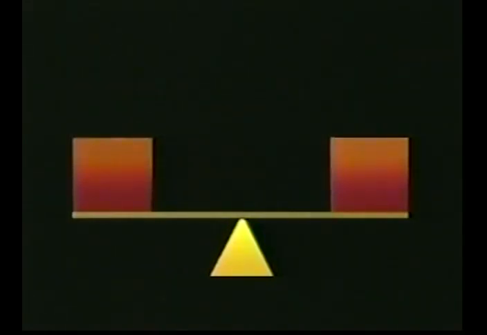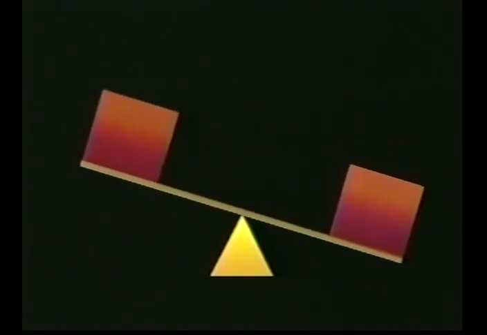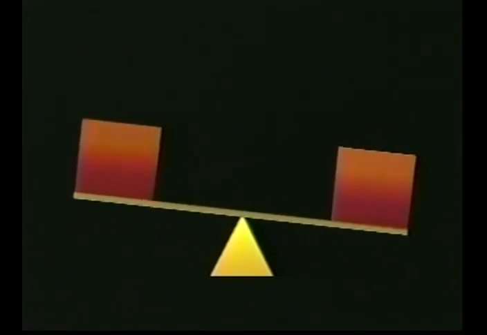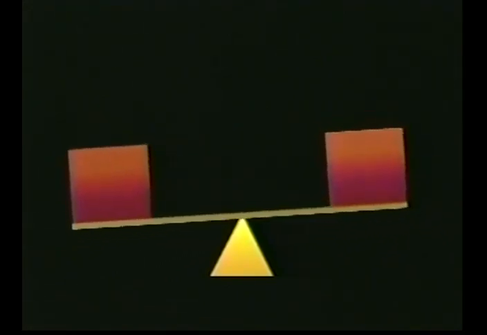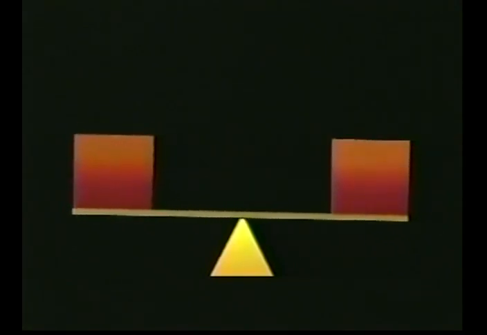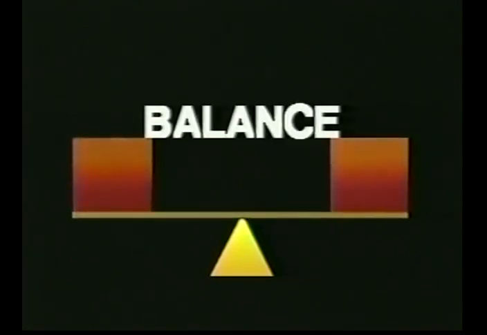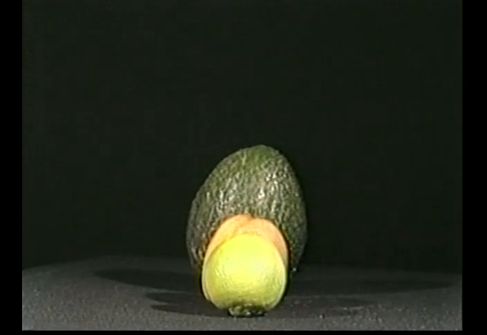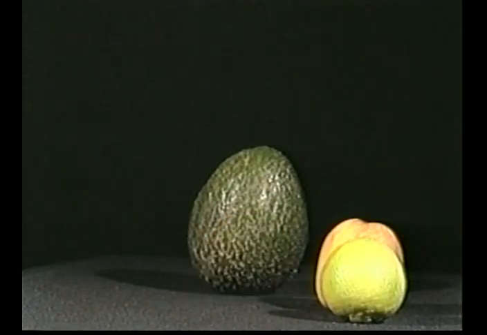A composition may be balanced or unbalanced. Balance deals with the feeling of equalness. Remember how it feels on a seesaw? In art, there are several ways to achieve balance. The size of the objects is important. Where you place the objects is important.